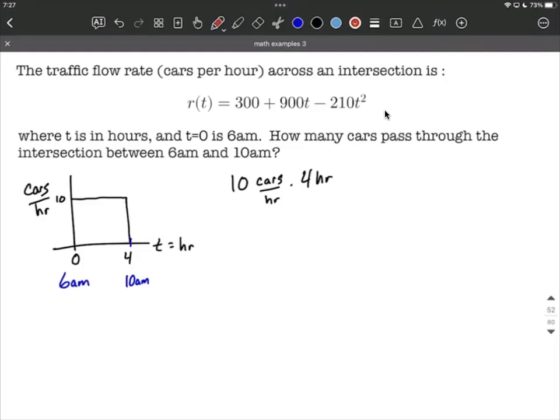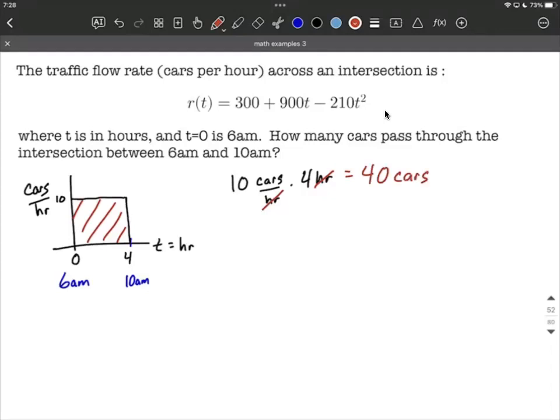What this really is, is calculating the area under the curve down to the t-axis. And that's length times width. That's a rectangle that we're looking at there. The calculation is going to be pretty easy. 10 cars per hour multiplied by 4 hours. Our units simplify, and 10 times 4 is 40 cars.